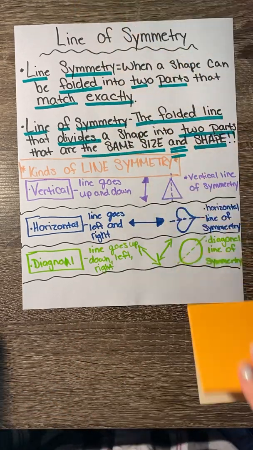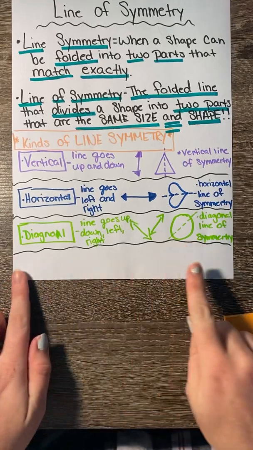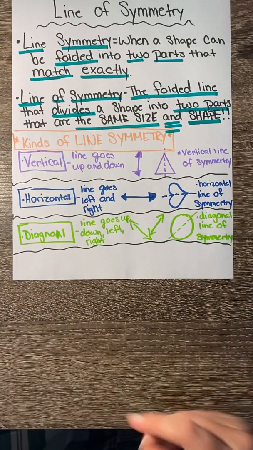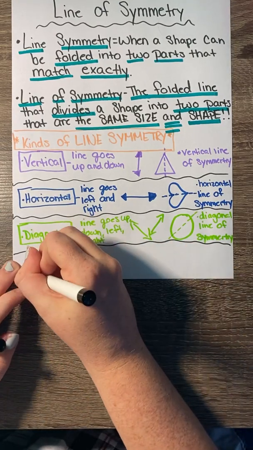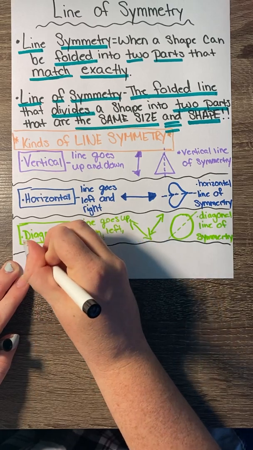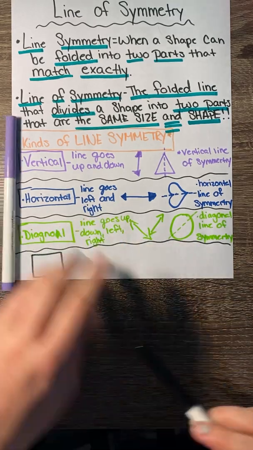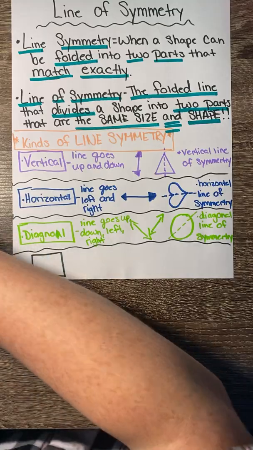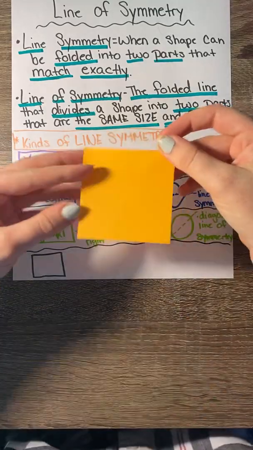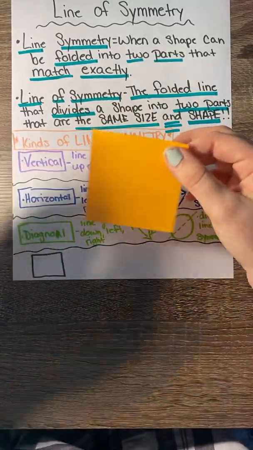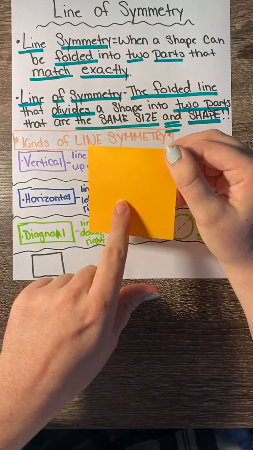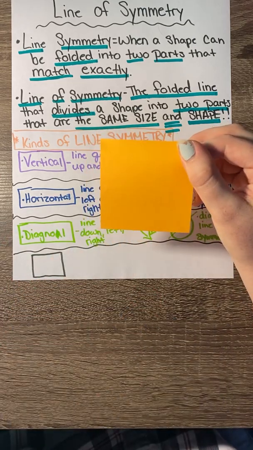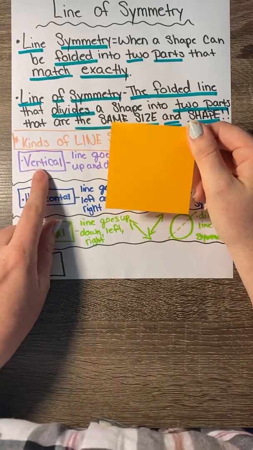Okay. On our last section here, I want you to draw a square as best as you can. If yours is too small, grab another piece of paper. I'm going to use this to show you what we're about to do. First we want to make a vertical line on this square.